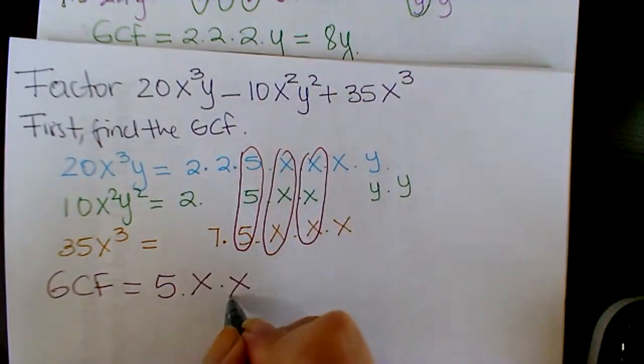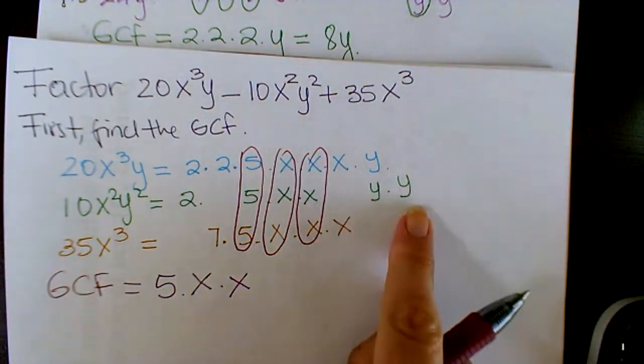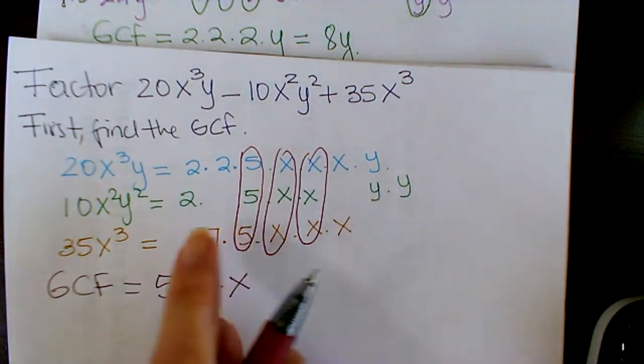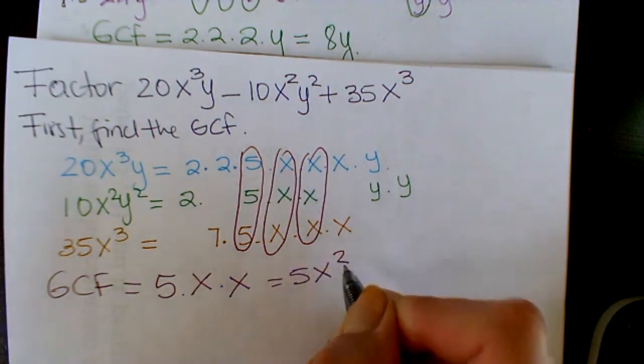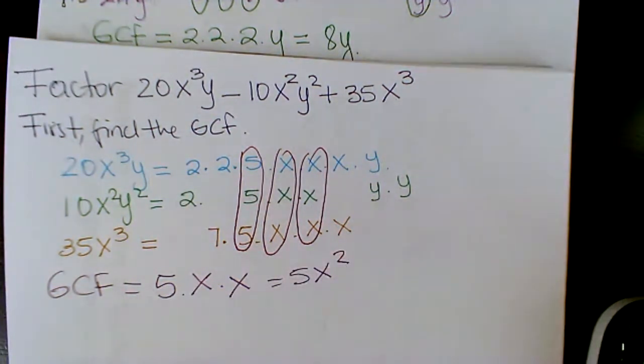So 1 and 2. And that's it, right? I don't have anything else. It needs to be on all of them. So my greatest common factor is 5x squared. I just found the greatest common factor. Let's do the next step that comes after doing that.